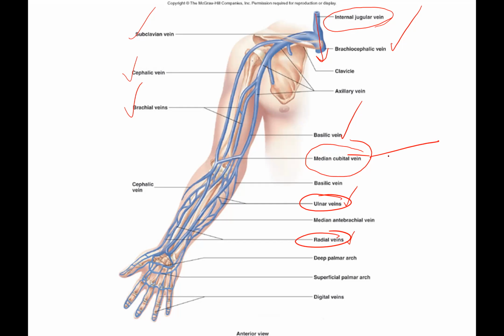Okay. And then the basilic vein on the inside part of the arm, and then the lateral or outside part of the arm, you'll have the cephalic vein. Okay. And then deep inside, you have the brachial veins.